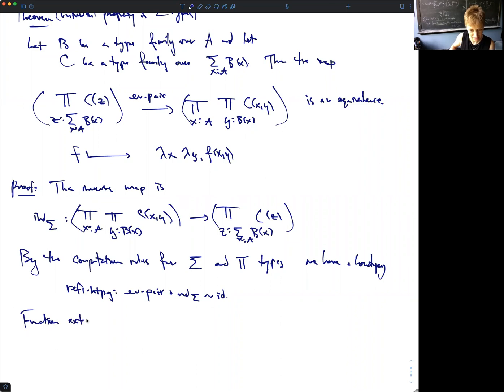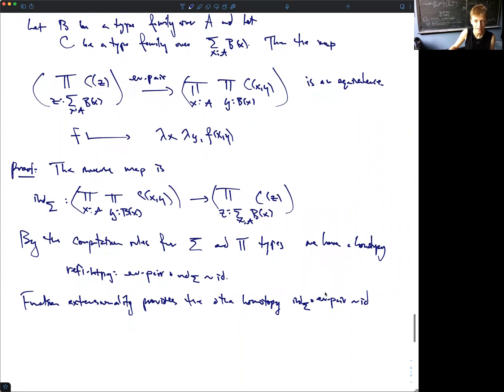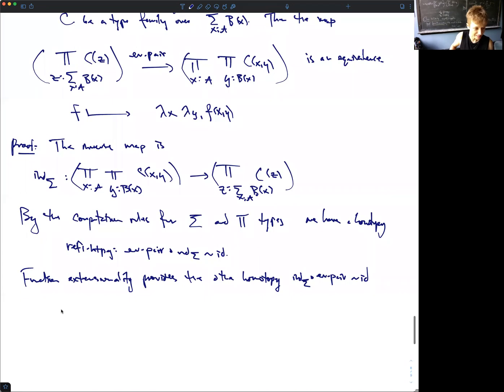Function extensionality provides the other homotopy. So what we still require is a homotopy between the composite the other way around. So ind sigma, ev pair, and identity. So let's do that. For this other composite, this requires an identification.